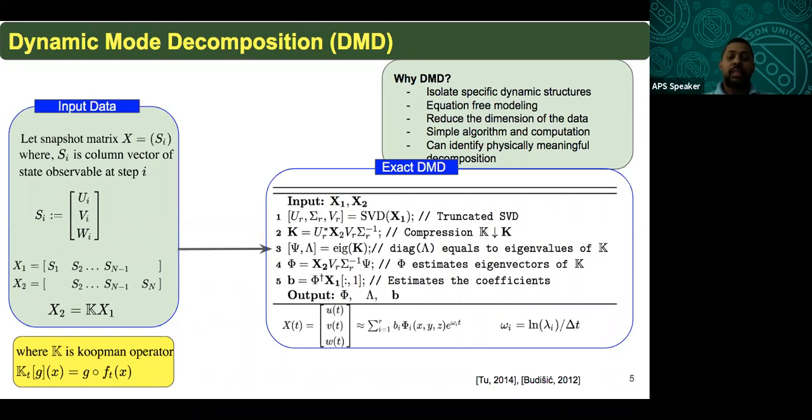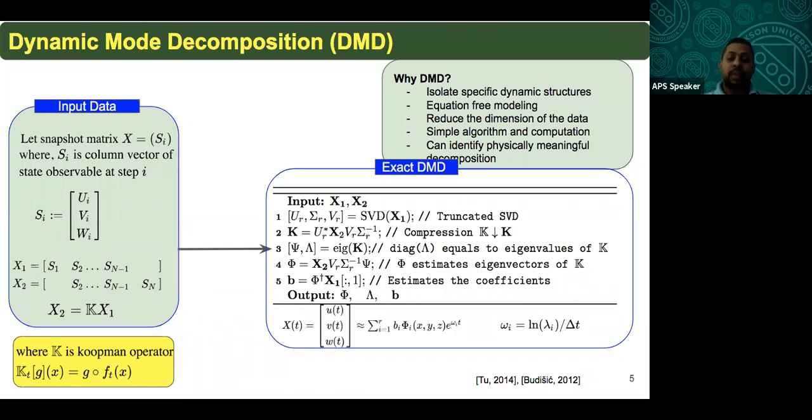Next, we can use either numerical data or observed data. This is an equation-free model; we don't need to know the equations here. Another important feature is that we can predict or interpolate data with a reduced dimension model. We can use a few modes to predict or interpolate the data.